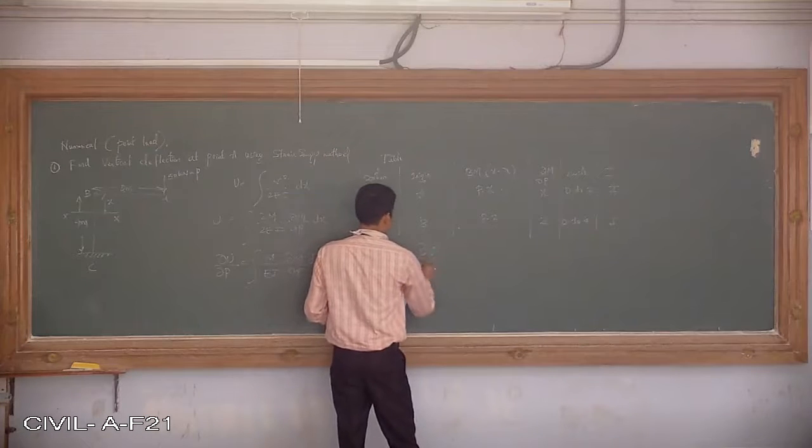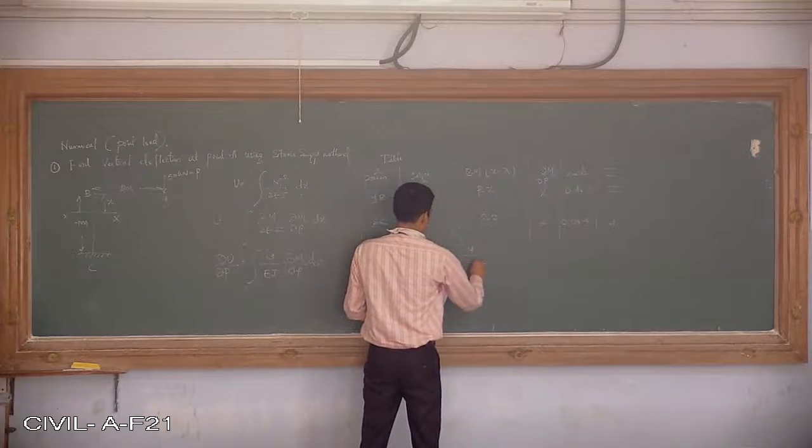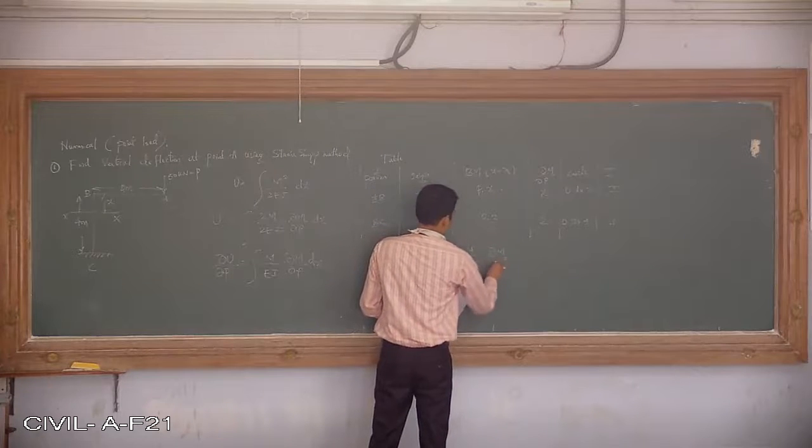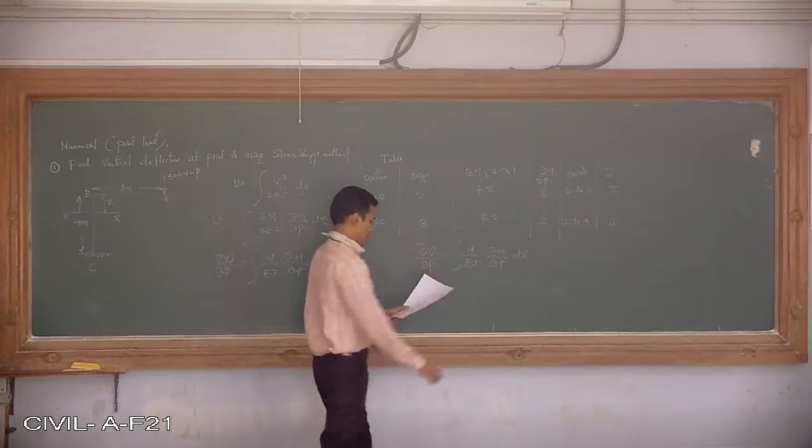You have dou U by dou P is integration of M by EI dou M by dou P dx. Okay.